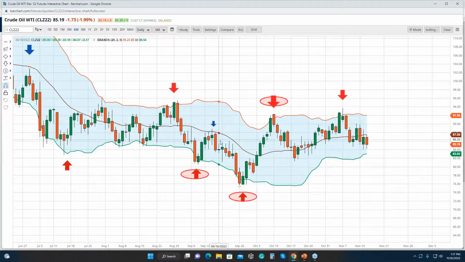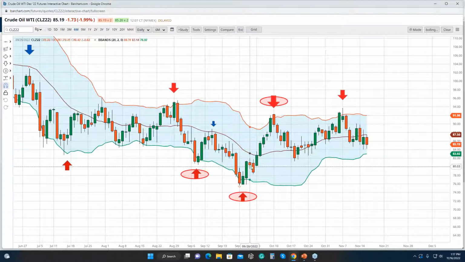Again, sellers are in control, sellers push price too far, too fast. That selling pressure decreases, buyers step back in, price moves inside of the band, and there's a higher probability we're going to revert back to the mean. Now, many times with Bollinger Bands you'll notice price going from one extreme to the other, and that is very common as well.